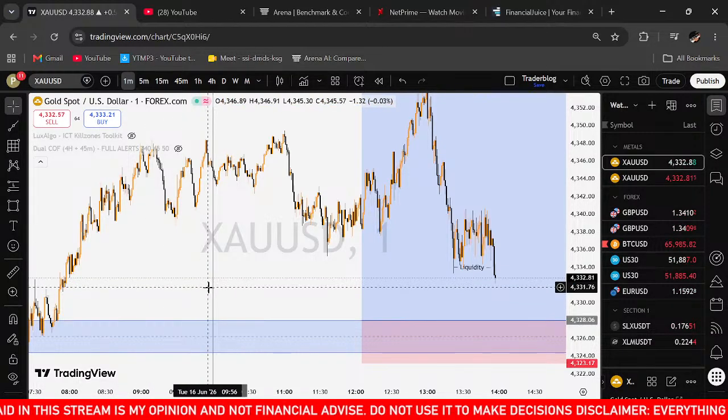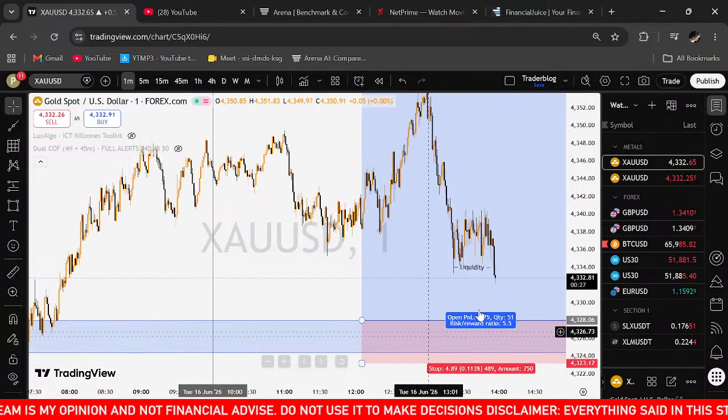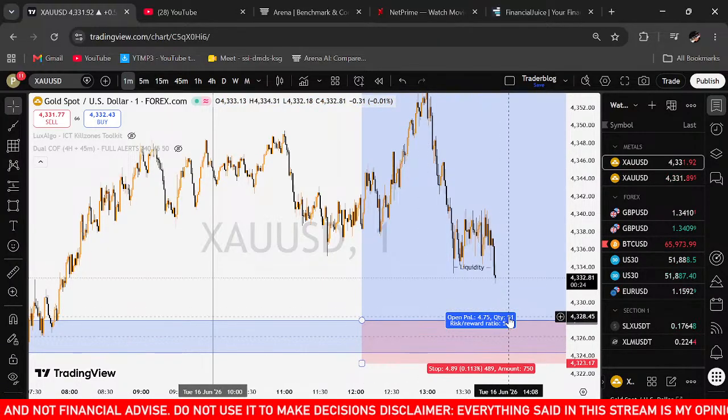Just so the trade doesn't turn from here, but hopefully just the zone that I have marked out.